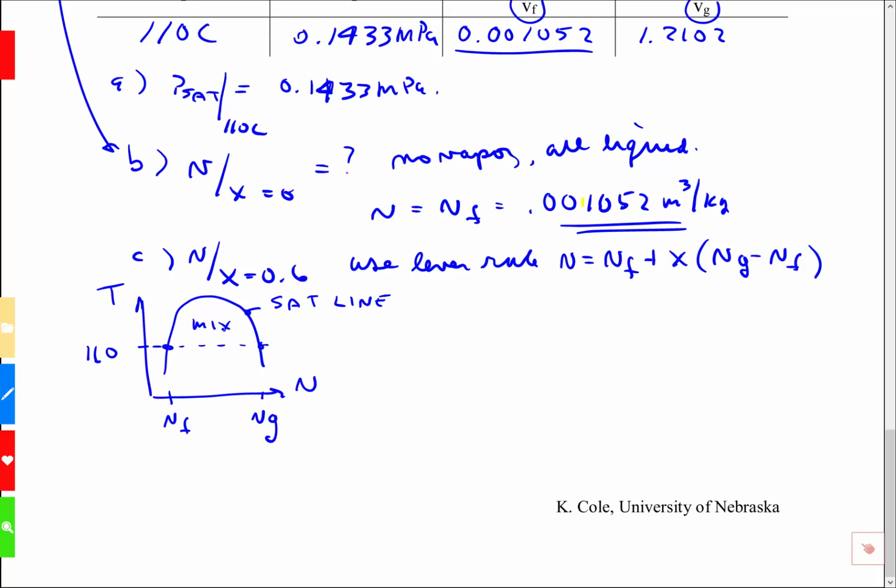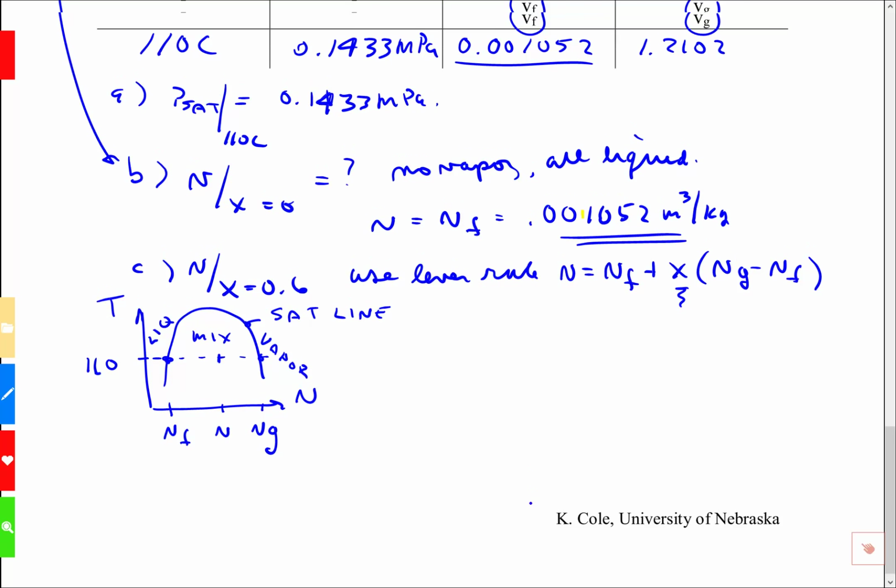And over on the one side is liquid over here, and over here is vapor. And mixture is in between. So the lever rule tells us about a distance. We're starting out at this point and we're coming across to some value V that we're looking for, and the distance is given by the quality.